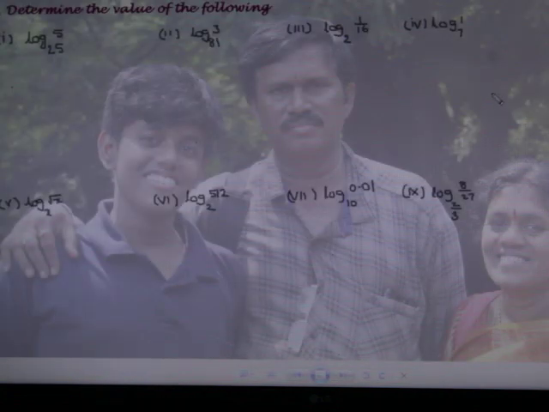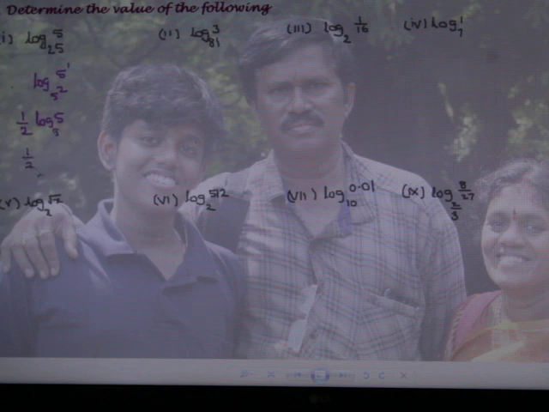Now, based on this, we will do some problems. Determine the value of the following. Log 5 base 25: 25 can be written as 5 square, and 5 is nothing but 5 power 1. Bring both the powers like this, 1 by 2 log 5 base 5.